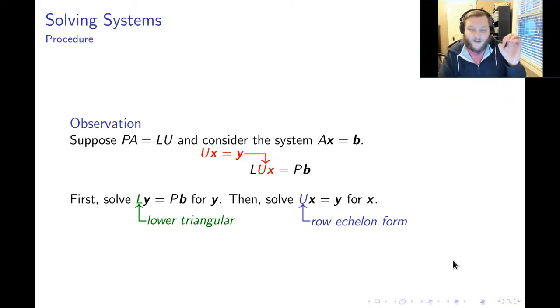So the big takeaway here is that if you have PA equals LU, you can take the system AX equals B, which is likely difficult to solve, and you can chunk it into two smaller parts. First, we solve LY equals PB for a vector Y. Then we solve UX equals Y for the desired vector X.